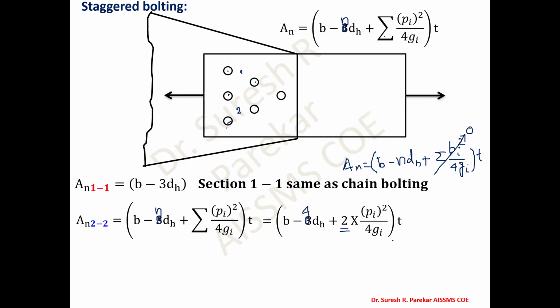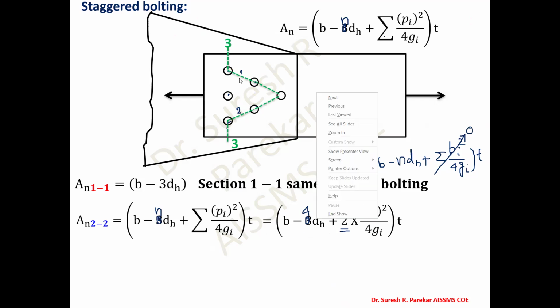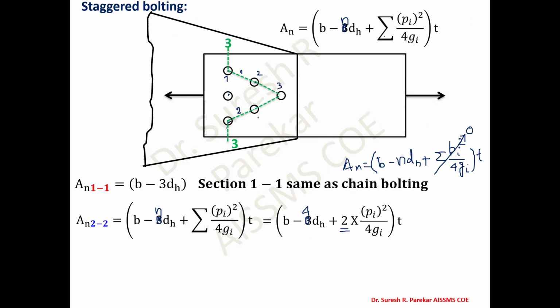Then we have the third, that is along the third section. Now you can see how many bolts we have: 1, 2, 3, 4, 5. So we have 5 bolts along the critical section. How many staggered? This is the first staggered, second staggered, third staggered portion, fourth staggered portion. So the summation becomes 4.